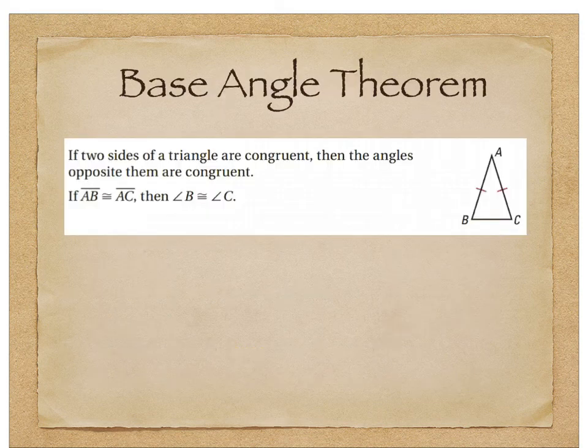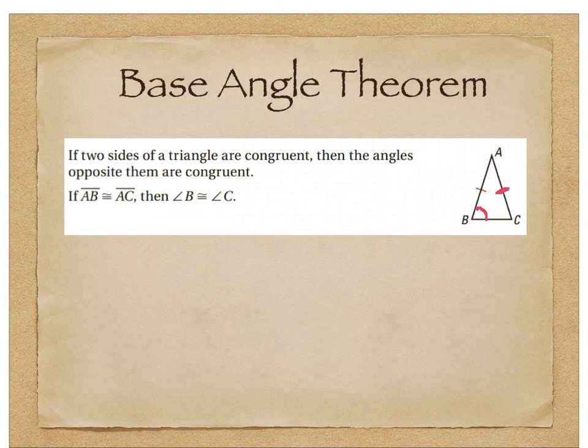Let's get going. First theorem. This theorem is pretty easy. It says if two sides of a triangle are congruent, then the angles opposite them are congruent. When we say opposite to them, we mean the non-adjacent angles and sides. So if we're talking angle B, then that is opposite side AC.